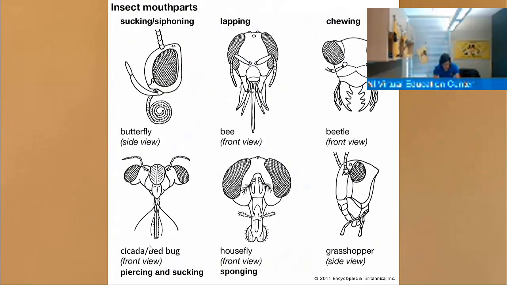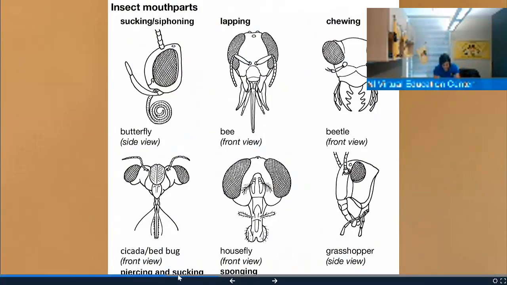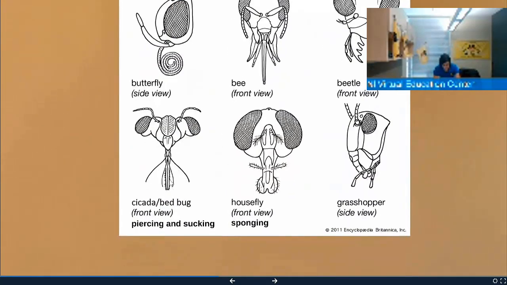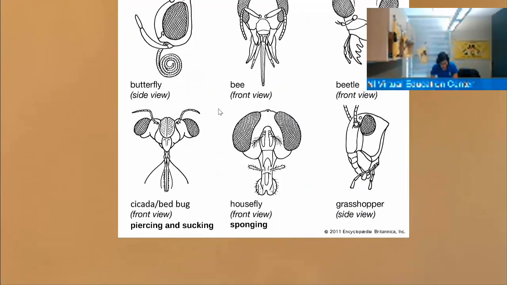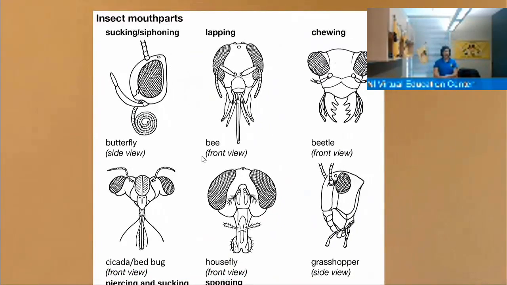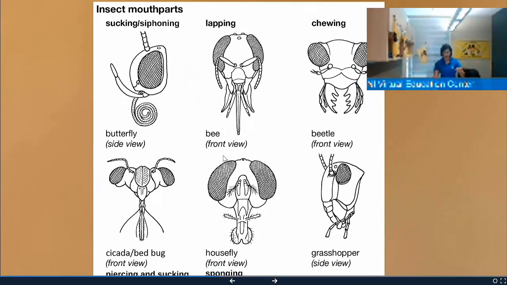The cicada or bedbug have the piercing and sucking mouth part. You can see, it's like a saw to pierce the skin. Now, why is it so important to know an insect's mouth part? Good example, I have a customer, it's a supermarket, and he has a sealed plastic bag of dried fruits with only houseflies inside.